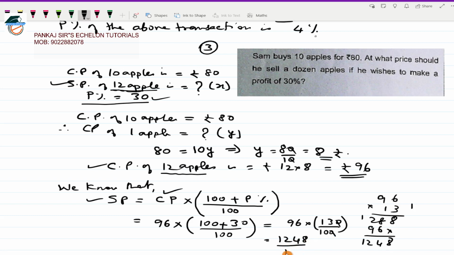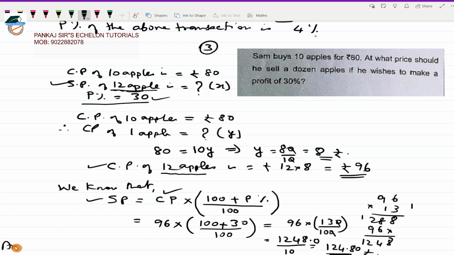divided by 10 over here. Now because I want to divide by 10, I just move the decimal point one place to the left. Right now the decimal is over here. So what I'll do is 124.80 will be my answer. So 124.80 should be the selling price of 12 apples. Okay.